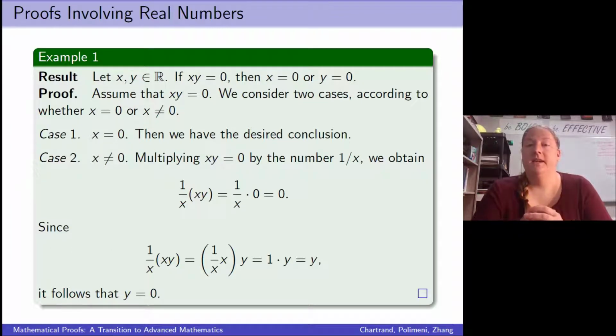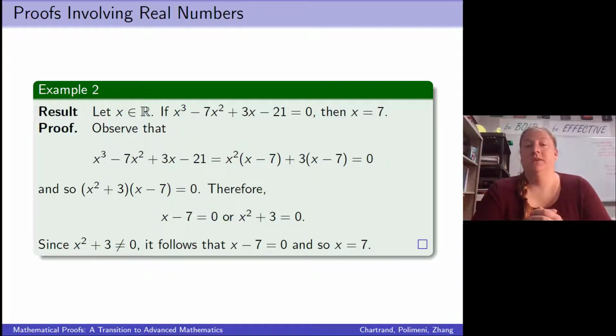And 1 over x times x is 1. So this is really 1 times y, or just y. So setting my left-hand side and right-hand side equal to each other again, I get the conclusion that y equals 0. So when x is not 0, y is then 0. So now I know that if x times y equals 0, then x equals 0 or y equals 0.